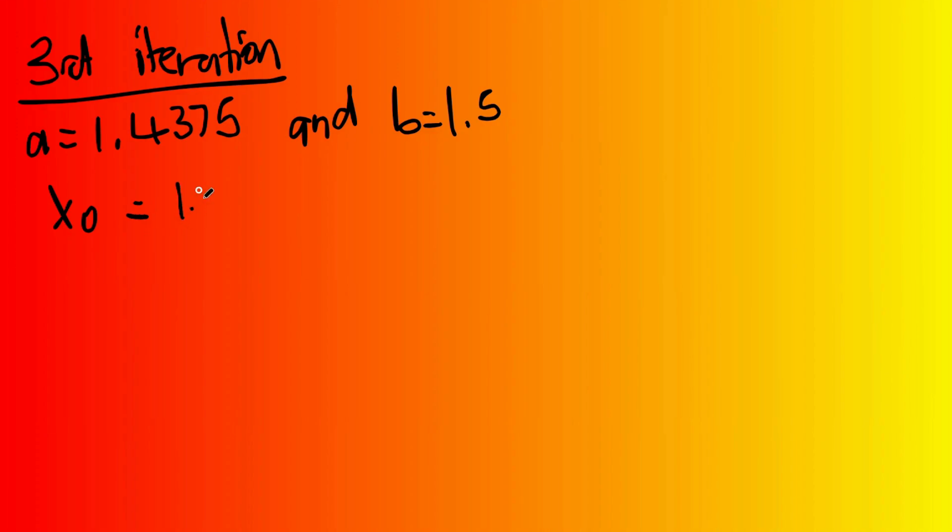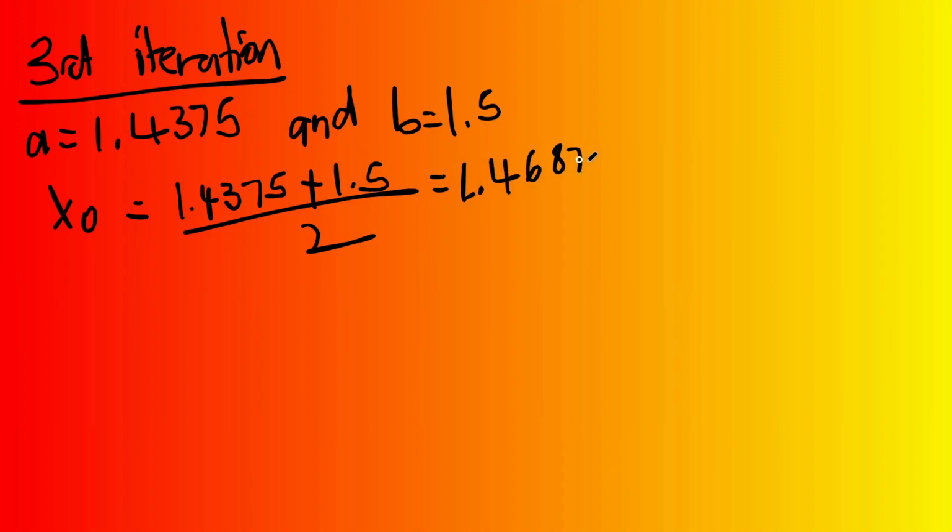So x0 equals 1.4375 plus 1.5 divided by 2, then how much? 1.4375 plus 1.5 divided by 2. So the total answer is 1.46875.